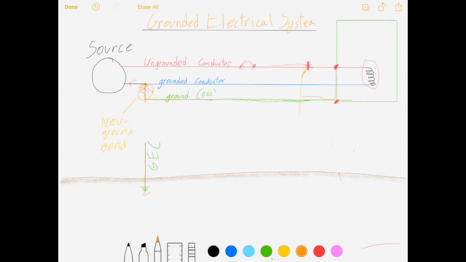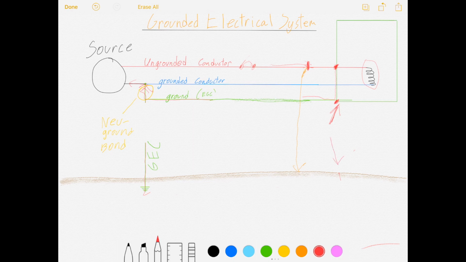But if that were to come in contact with something else that is in contact with the earth, then suddenly we would see that there would be a voltage potential between our enclosures, which should have been grounded, and ground.